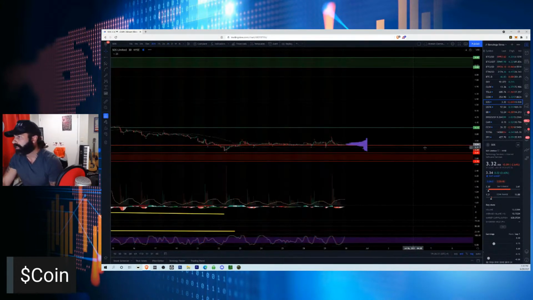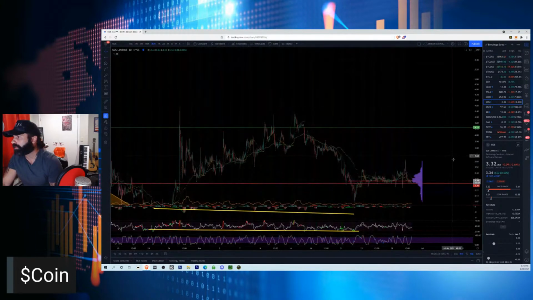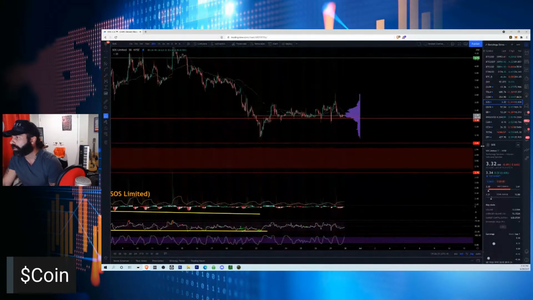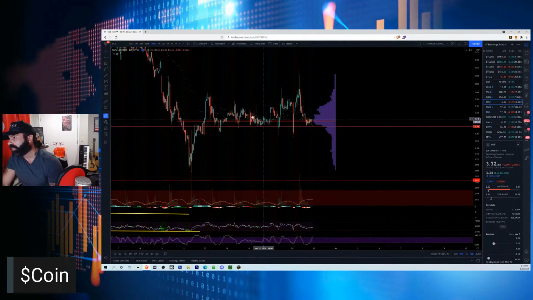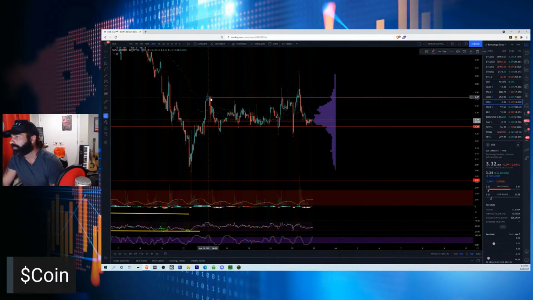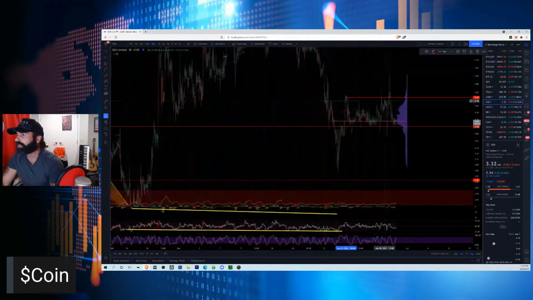But if we zoom in here on the 30-minute chart to get an idea of what's going on, you've got some bar coding here. You've got nice volume, but you do have some sellers up here, right? This is definitely a resistance zone that we've got to break at 347.